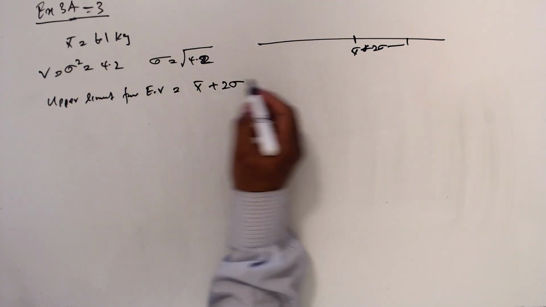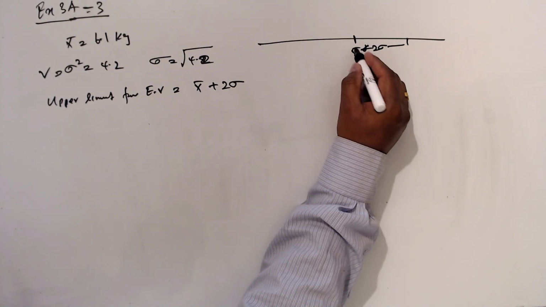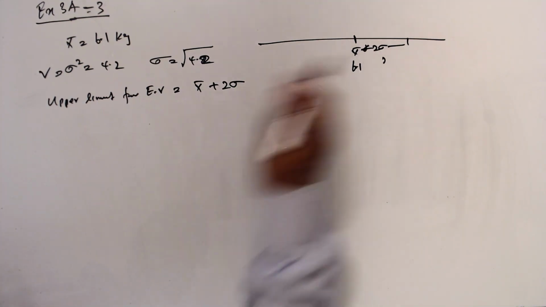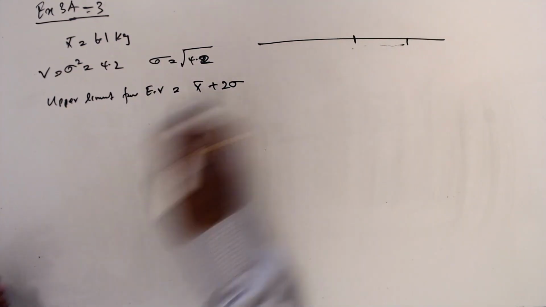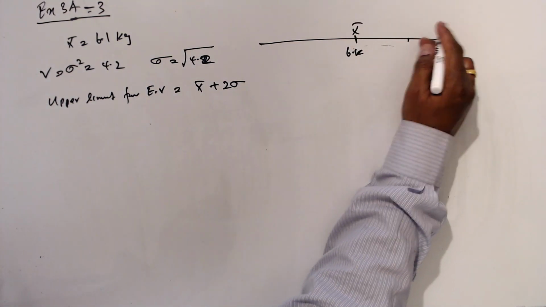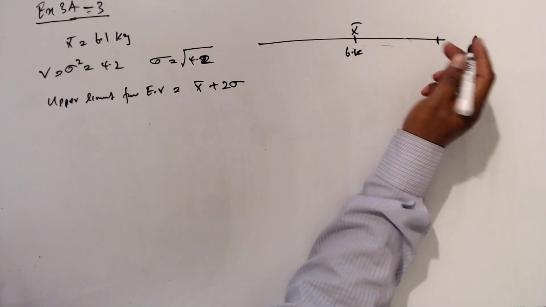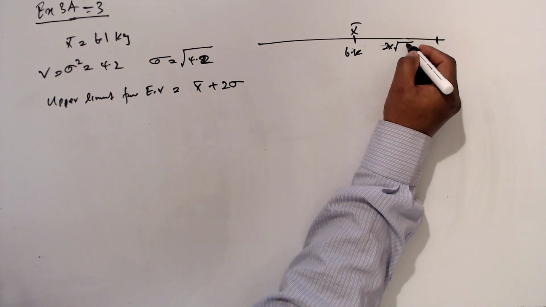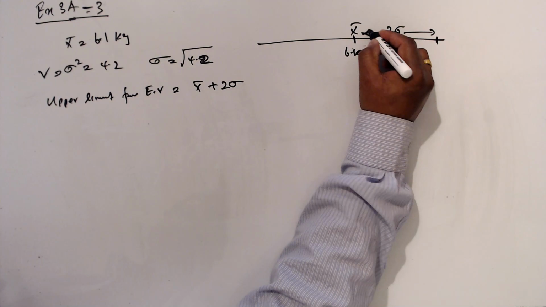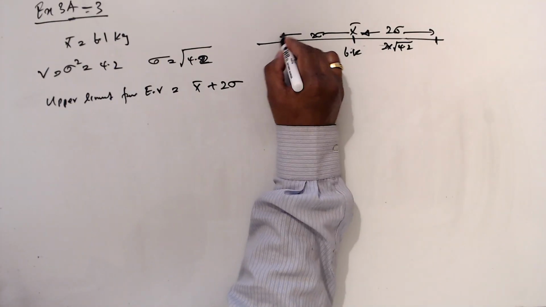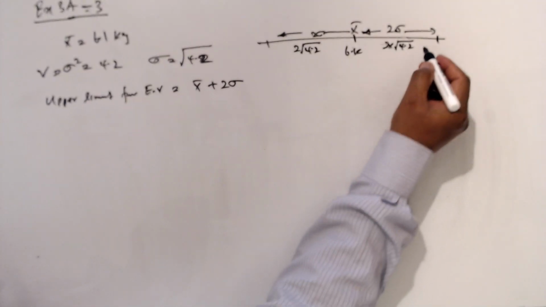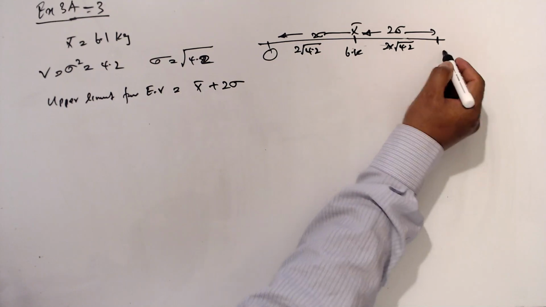So x bar is 6.1 here, and this distance is going to be 2 times sigma, 2 times sigma this side and 2 times sigma to this side. So we need to find those two values.